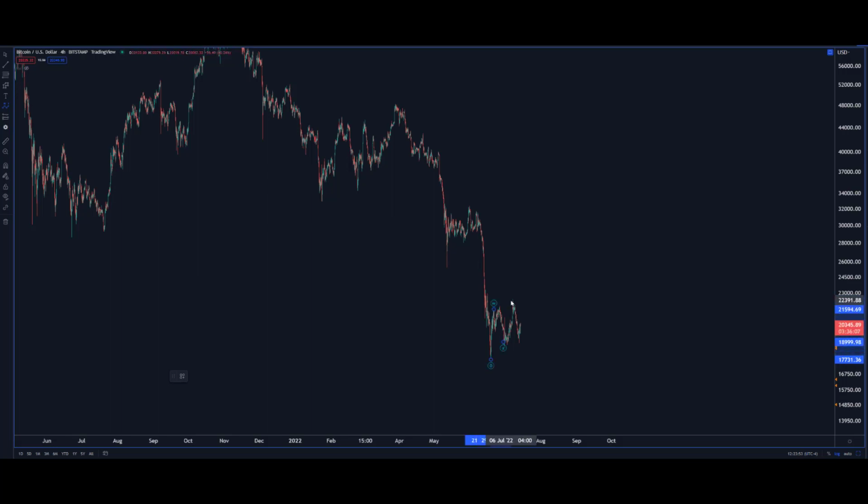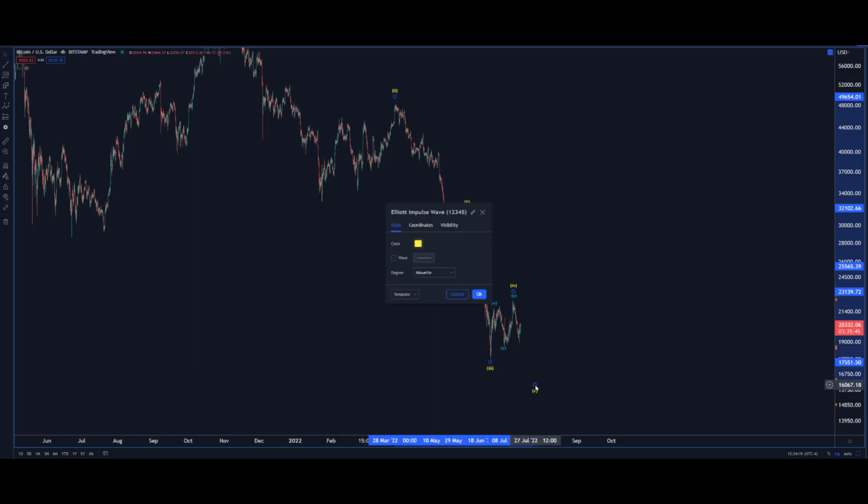W, X, Y. And that fits into the overall impulse of this being a 1, 2, 1, 2, 3, 4, 5, for 3, probably a 4, and a 5. So probabilistically, lower lows are expected.